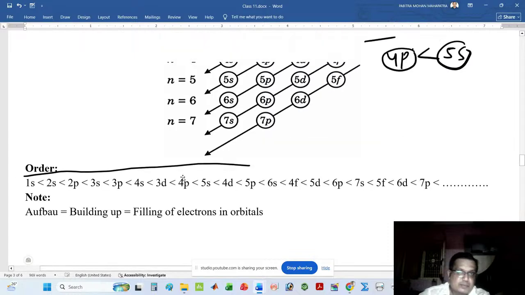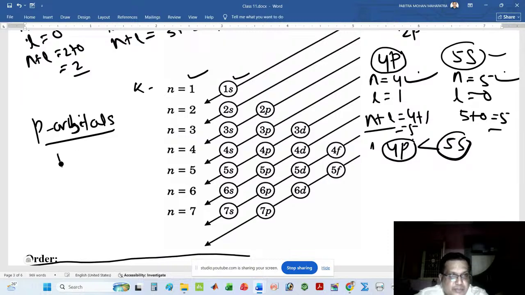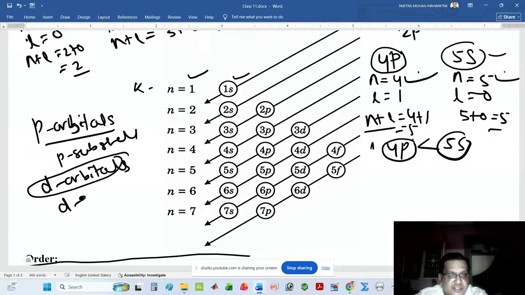Remember an important point. If you think about the p orbitals, that means you are talking about the p subshell. If you think about the d orbitals, that means it collectively represents the d subshell.